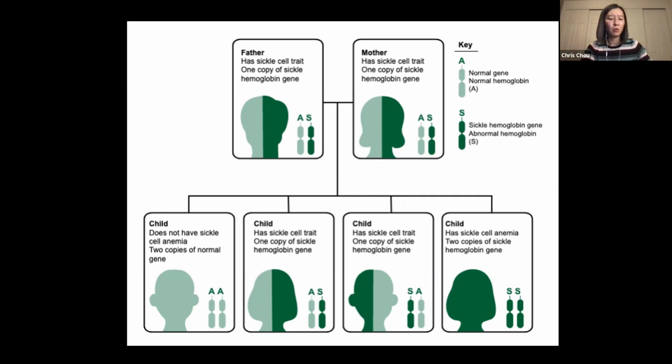And so if you, by chance, get 2 copies of the abnormal beta globin gene, you would inherit that condition. And so 1 out of the 4 children with that little h genotype would be affected by sickle cell disease. And so as they do the math there, 1 out of the 4 would be 25%. So it'd be a 25% chance of inheriting that condition.